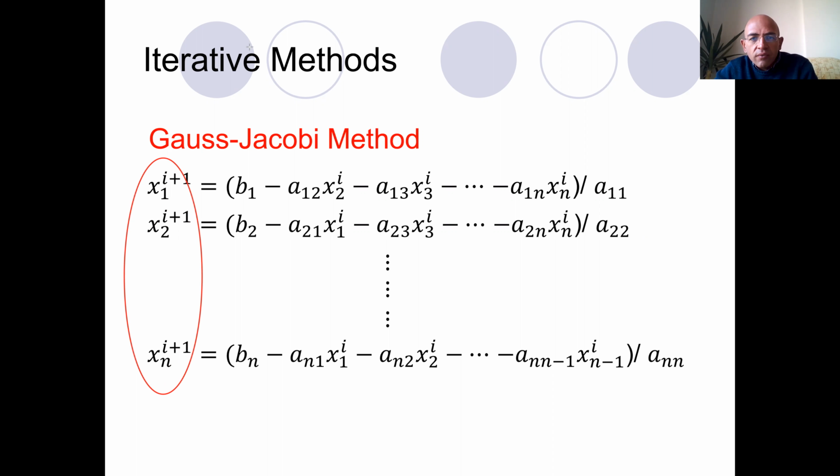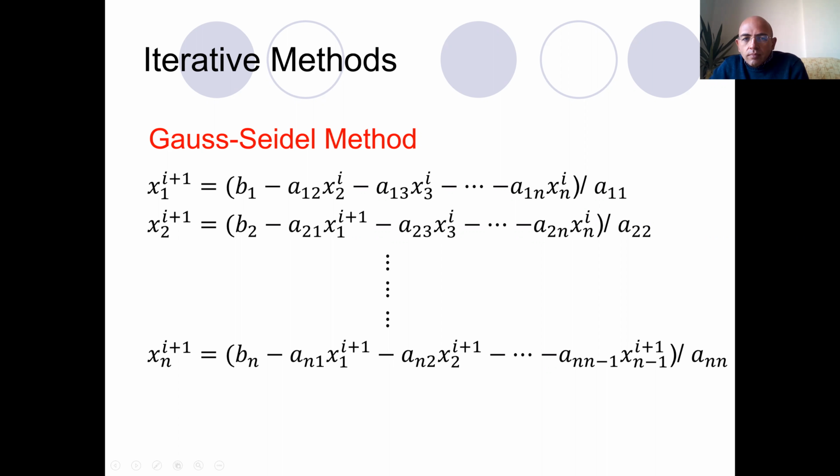Of course, we can further improve the technique. Now we reach Gauss-Seidel. So how does the Gauss-Seidel method work? Again, we begin with some initial guesses for the unknown variables, and then we give numbers to the equations.